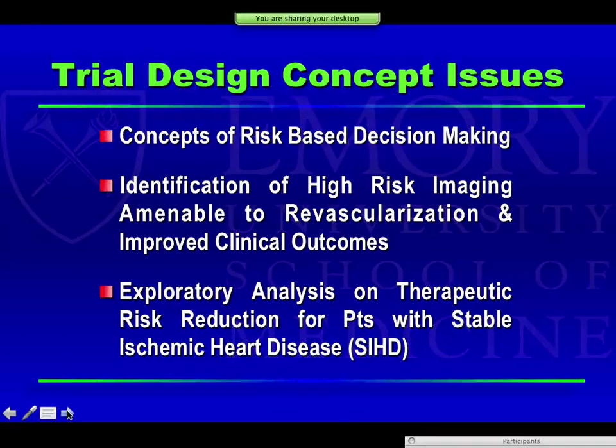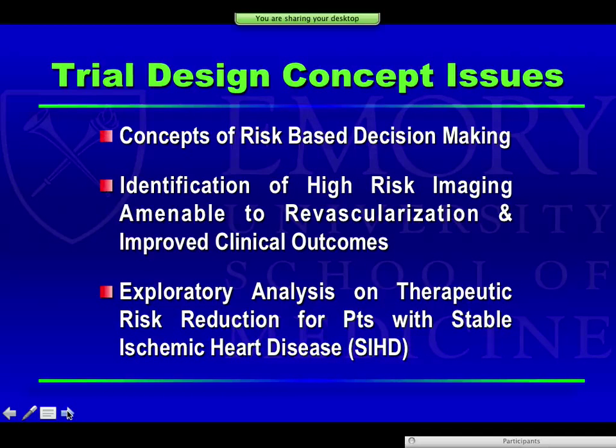But before I do that, I thought I'd try to get you to think conceptually about trial design. There are three concepts that I'm going to talk about: risk-based decision-making, thinking about the risk in the patient population as eligibility criteria and as necessary requirements for therapeutic risk reduction, and then thinking about high-risk imaging, since the majority of my research is in imaging, and the impact of higher-risk imaging results or higher-risk ischemia on the benefit of revascularization in improving outcomes.